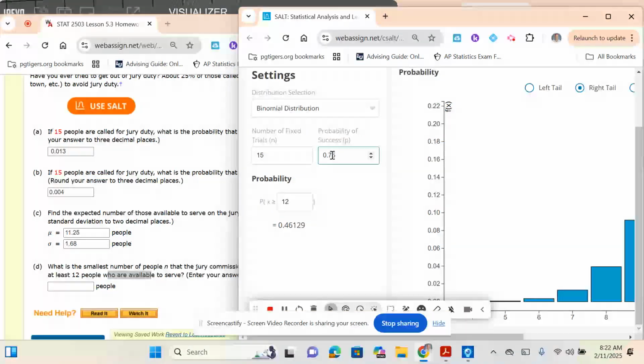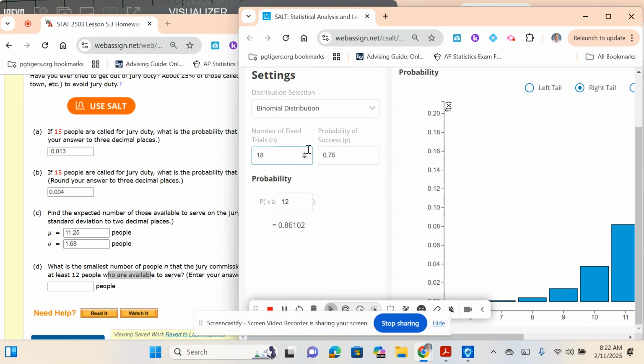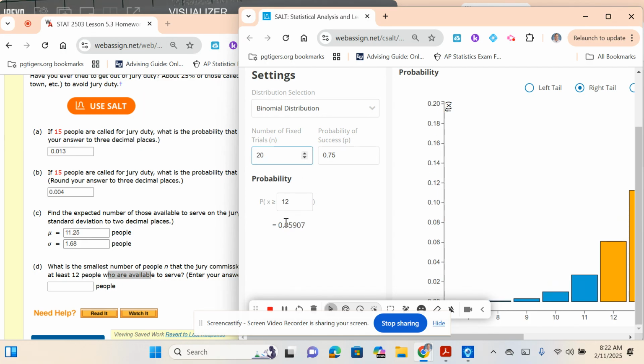Now, here's what you have to do here. This is not too bad. You can click on N. We're going to see how many people I need for this to be greater than 0.959. I click up, and the first value of N that makes this greater than 0.959 will be my answer. Still not above 0.959. I'm getting closer.